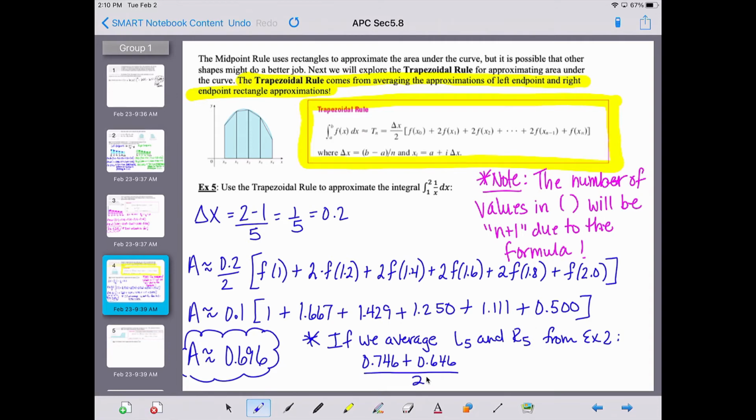If we add those together and divide by 2, guess what we get? 0.696. So doing the trapezoidal rule is basically like doing the average of left-hand rectangles and right-hand rectangles. So it's quite a decent approximation.